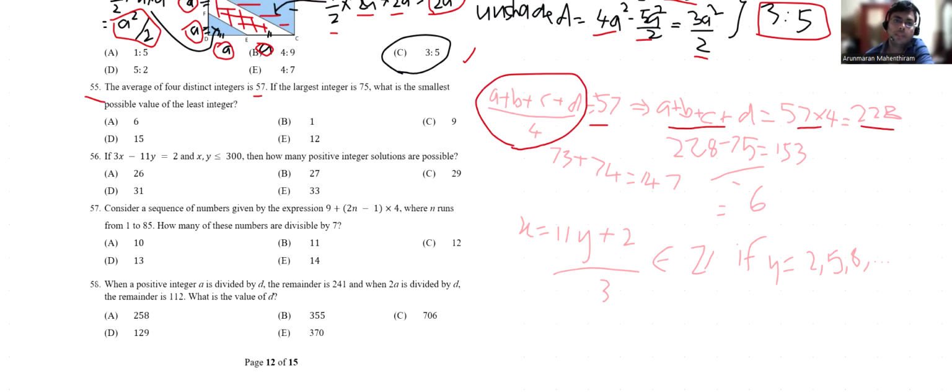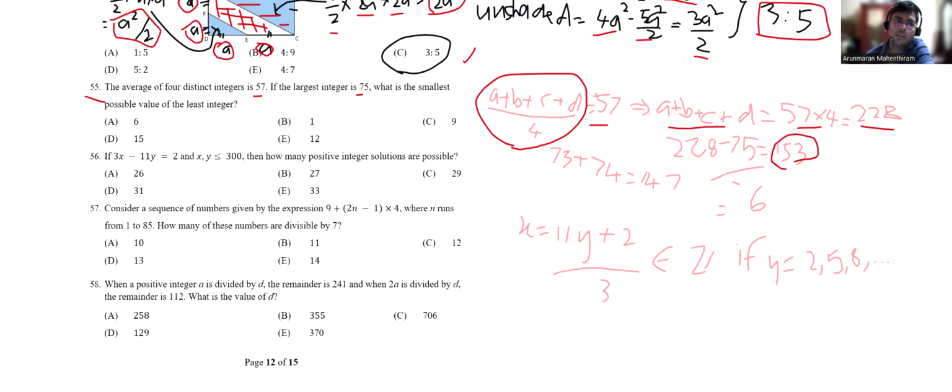Now they have given the largest integer is 75. So one of A, B, C, D is 75. When we subtract 75 from 228, that is 153. So now we have another three numbers.